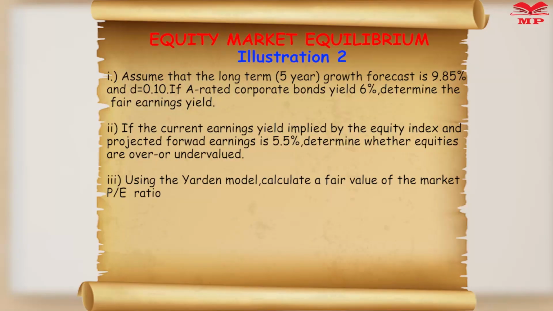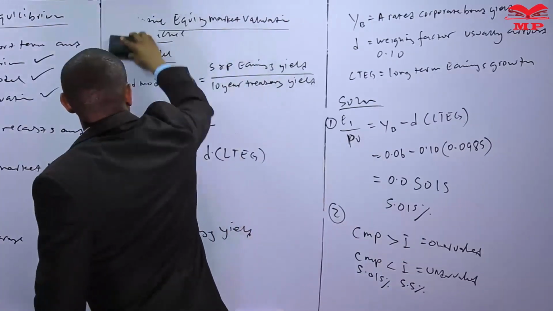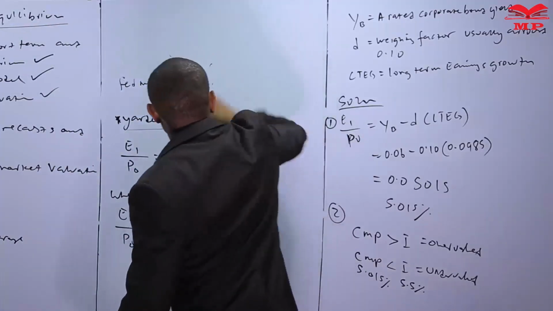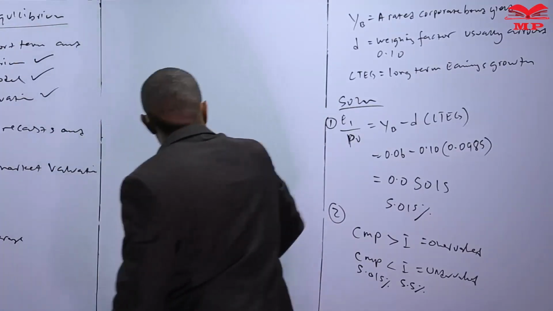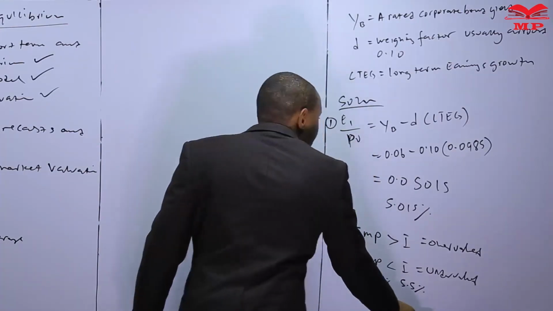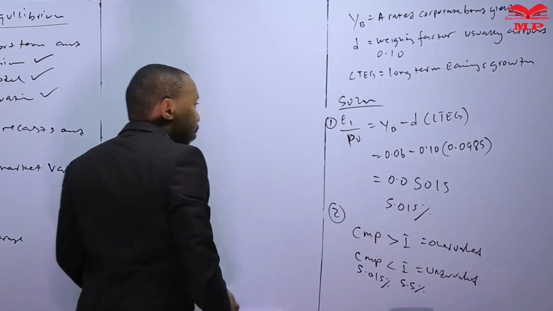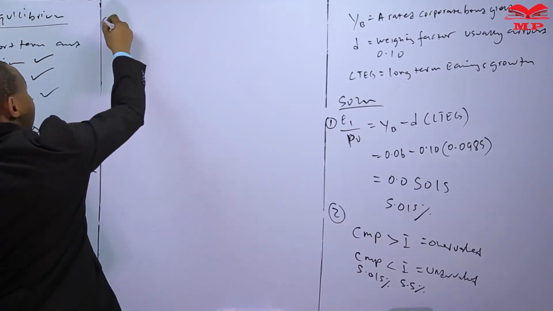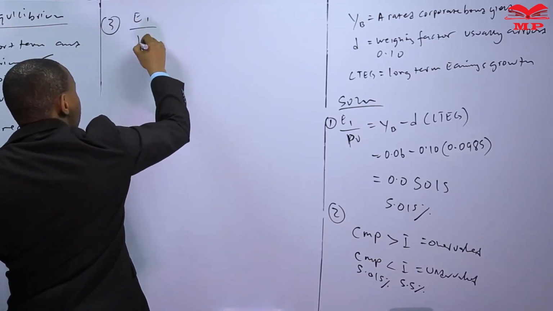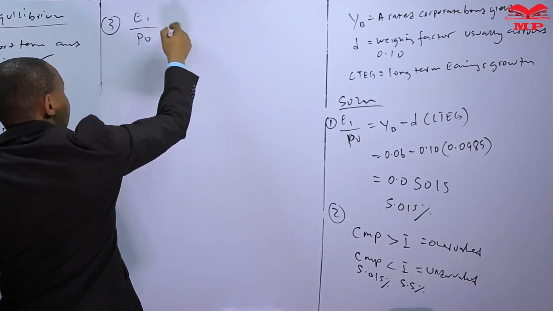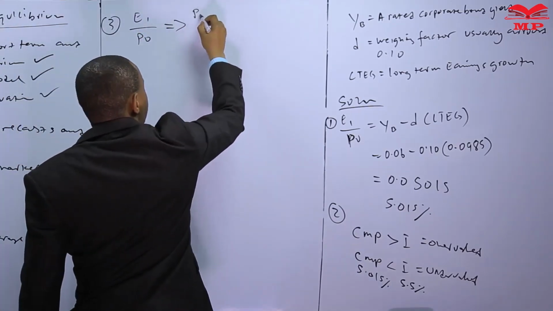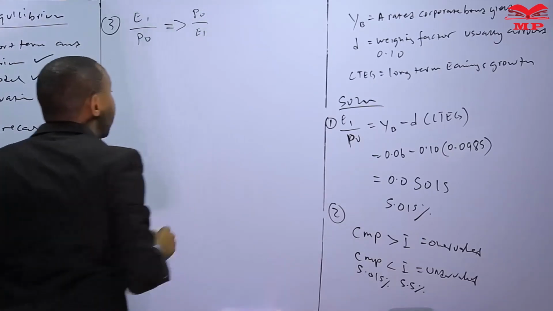Part 3 was asking, using the Yardeni model, calculate the fair value of the market PE ratio. Remember, the PE ratio is the market price per share divided by the earnings per share. So what we need to do is get the inverse of this value. We have E1 over P0, and the inverse of this is P0 over E1, which is the PE ratio.